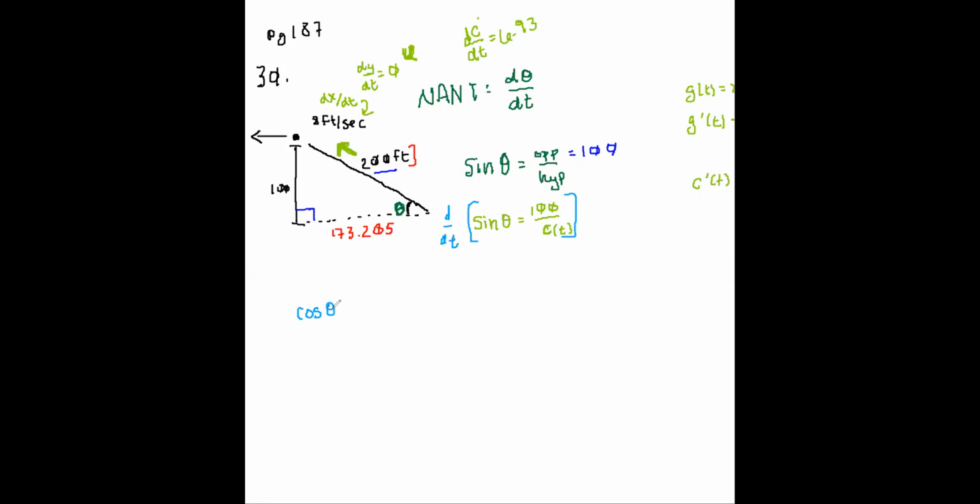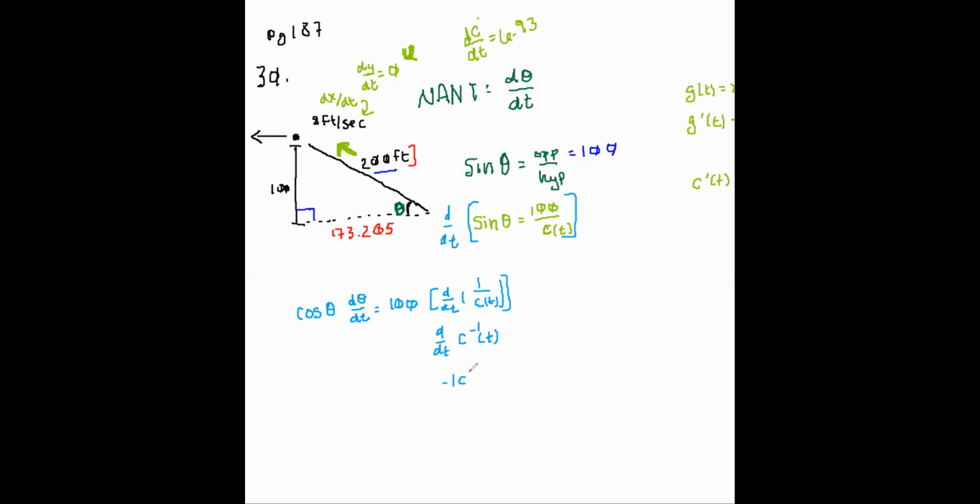So cos theta d theta/dt is equal to 100 times the derivative of 1 over c of t, the derivative of c to the negative 1, which is equal to what?